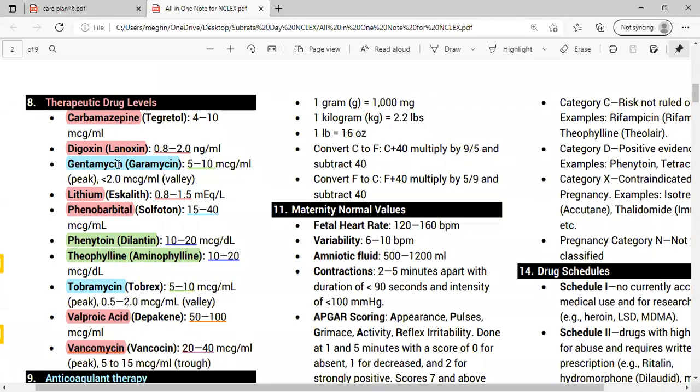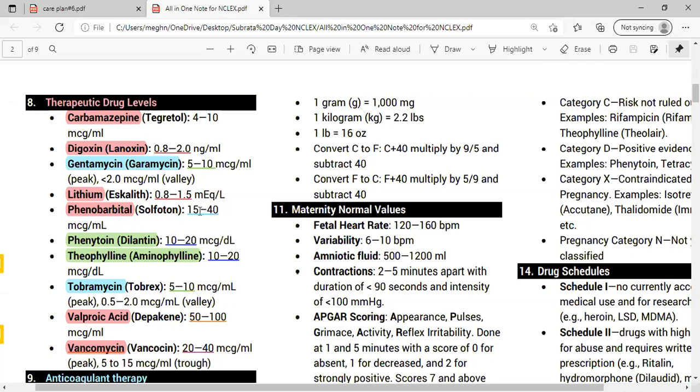Gentamicin, an antibiotic, therapeutic drug level is 5 to 10. If you give gentamicin less than 5, it does not work. If gentamicin concentration is more than 10, it would be poisonous for the tissue or body. Lithium is a mood stabilizer, 0.8 to 1.5 milliequivalents per liter.